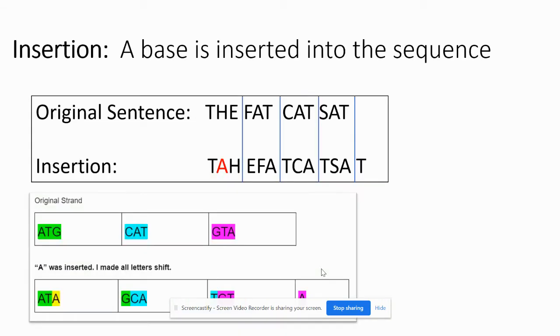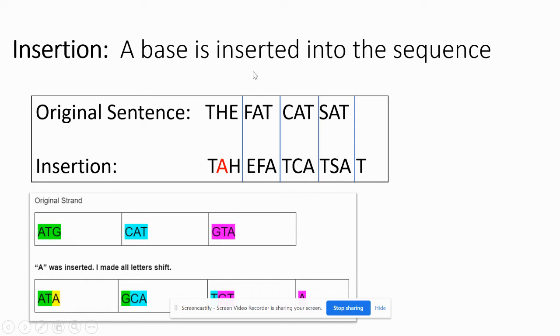All right, let's talk insertion. So let's imagine we had a sentence that was, the fat cat sat. Now, insertion would occur if a new nitrogen base was inserted into the sequence. Now notice, all the letters are still present, but now the frame in which they are read has been shifted.